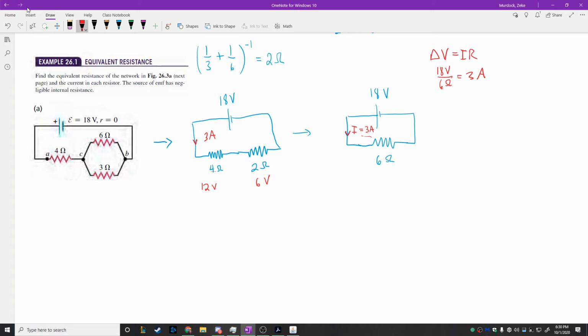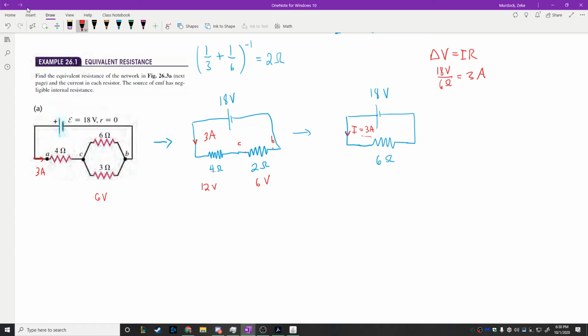Okay, look at the 2 ohm resistor now. It had a voltage between these two points, which on this picture was point C and point B. If the potential difference between C and B is 6 volts in this picture, it's also 6 volts in this picture, right? So you're going to have 6 volts across both of these. We also already know you're going to have 3 amps going in here.